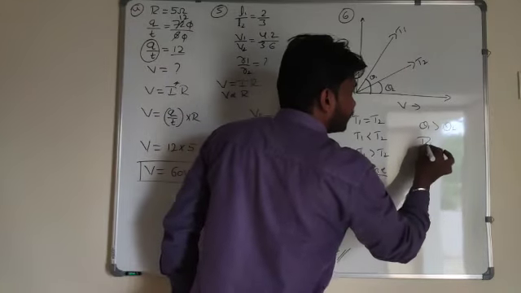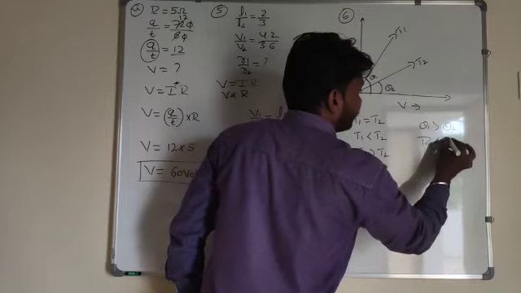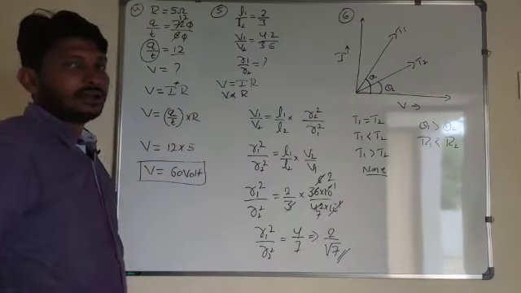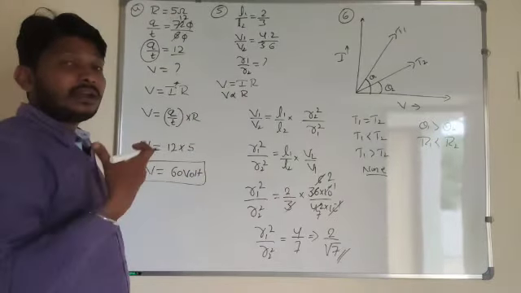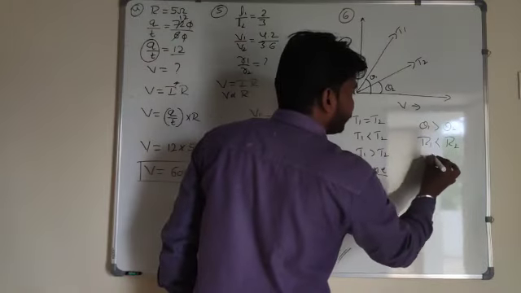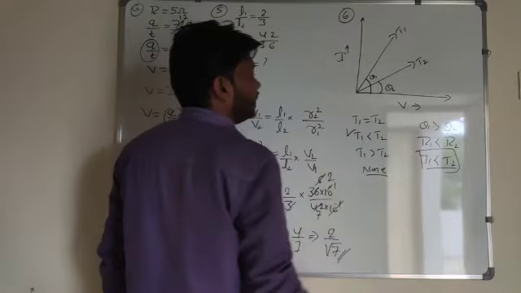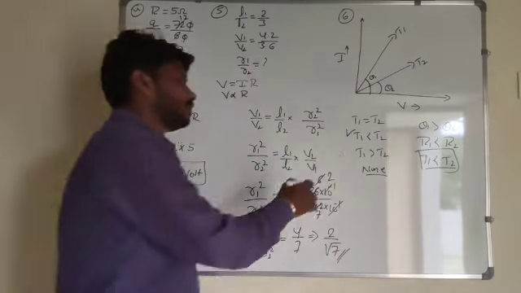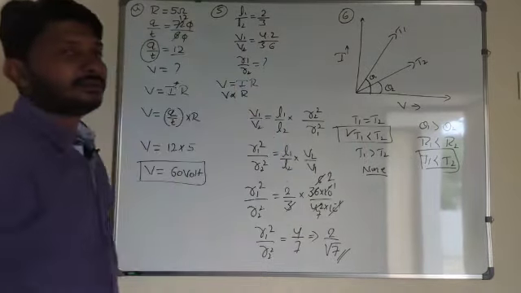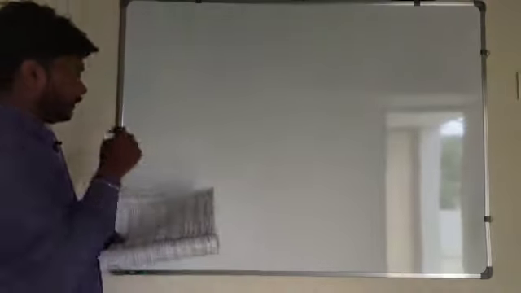Then the resistance of the first wire is less than that of the second wire. Resistance and temperature are directly proportional, so T1 is less than T2 here. So T1 is less than T2 means this option will be right here. Okay, so we'll look at the next one.